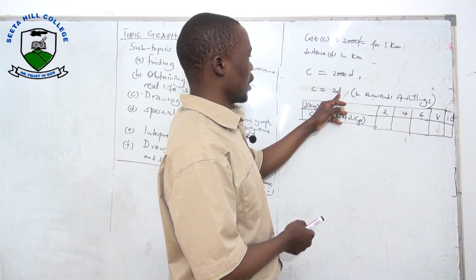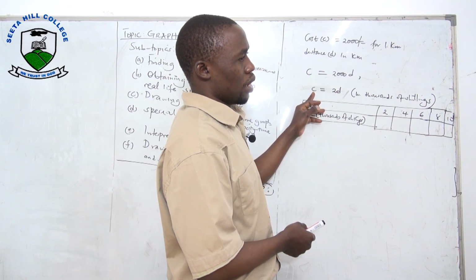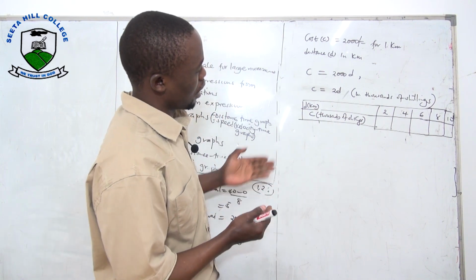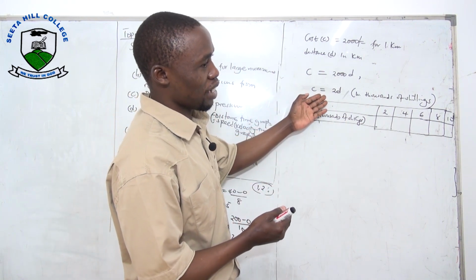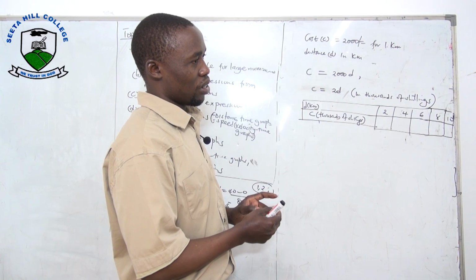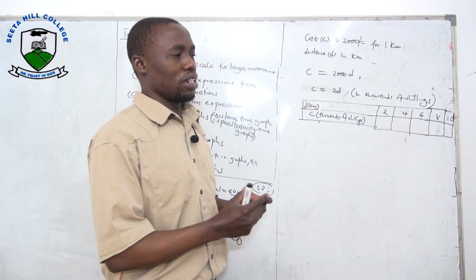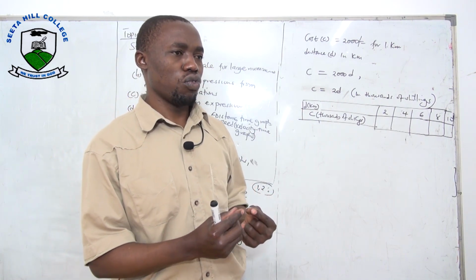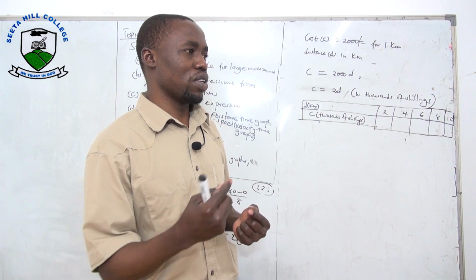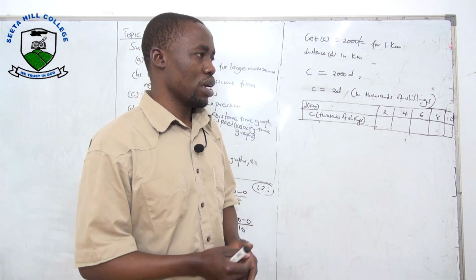Yes, distance does not depend on cost. Even the expression itself tells you that C is plotted in terms of D. In fact, an expression of a letter in terms of the other is put on the vertical axis.